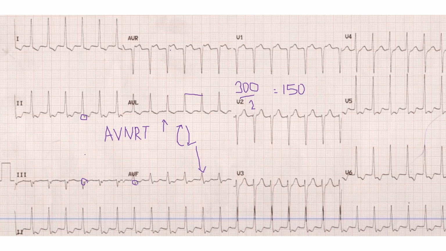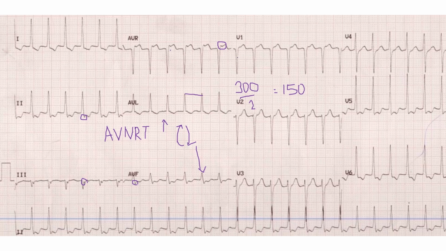They are also called pseudo S because it appears like a short S wave. That's why sometimes you may think that the QRS is slightly wide and not narrow. And the opposite of this you see in V1. This is a pseudo R wave.